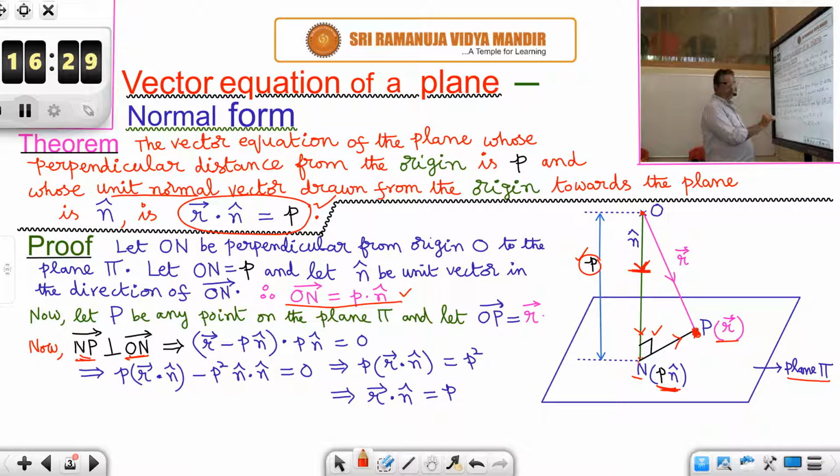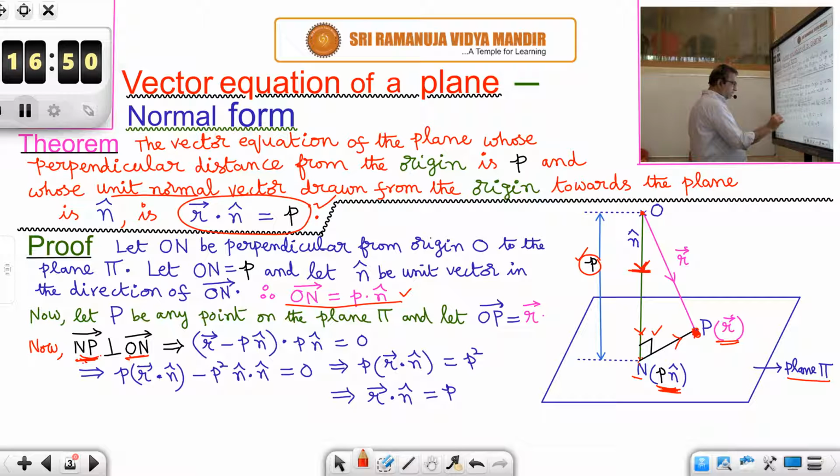But what is NP bar? NP bar is the position vector of P minus the position vector of N, is it not? What is the position vector of P in the diagram? R bar. Position vector of N? P n cap.